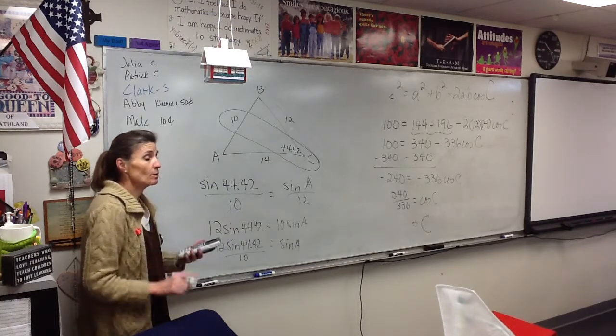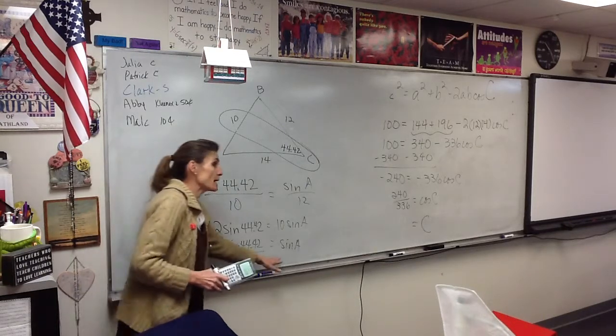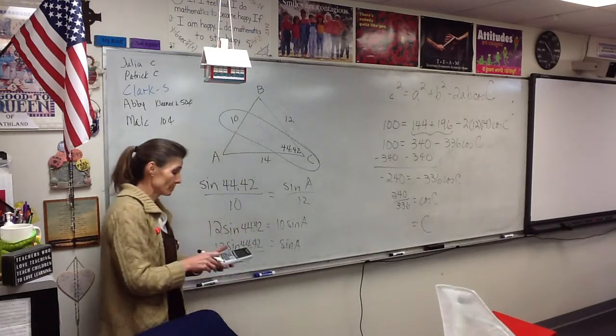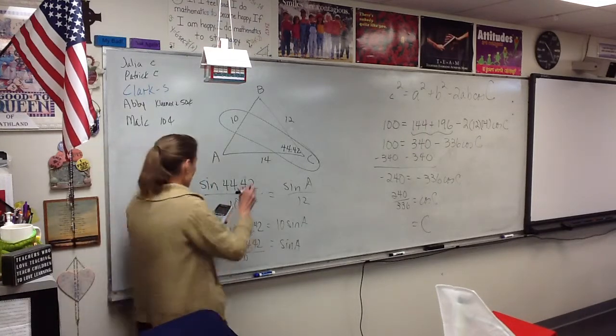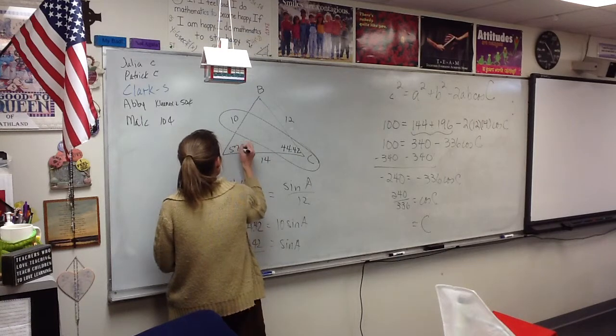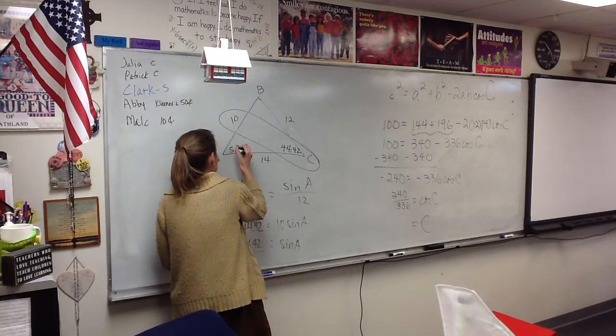Now you got a decimal, hopefully. What do I have to do now to get my angle? Second sine. And I got 57.13. Anybody confirm that? Yep.